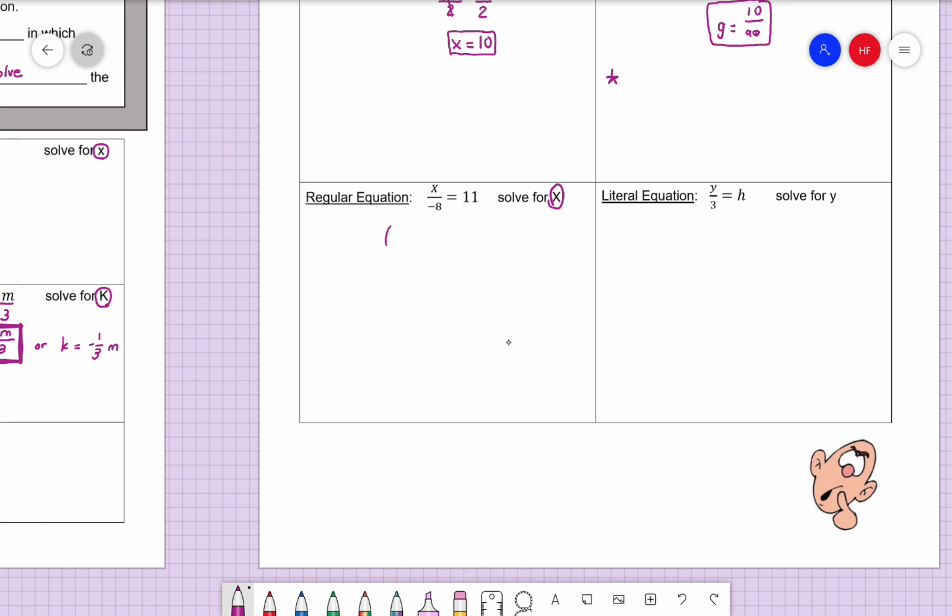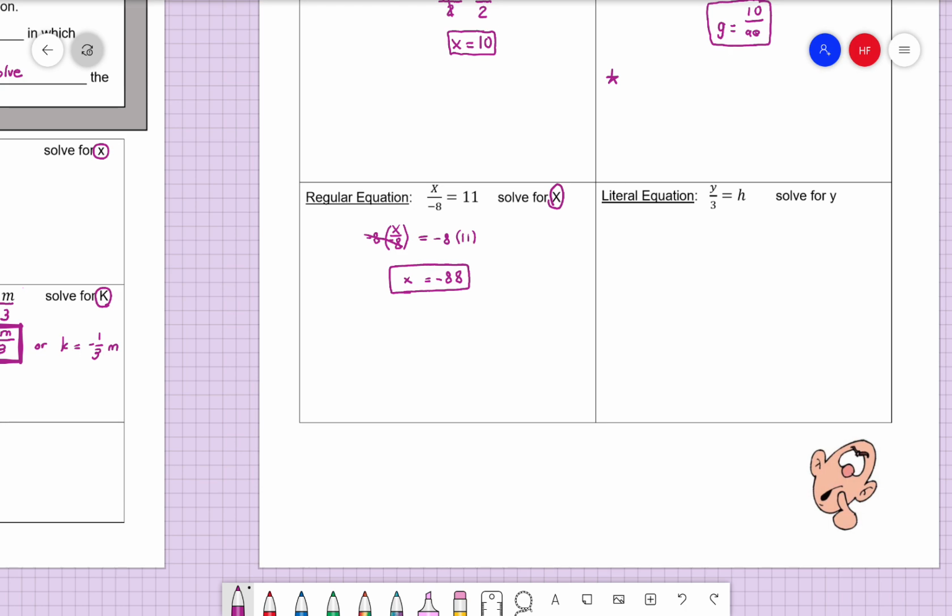So I'm going to take x over negative 8 and multiply by negative 8. Whatever I do on the left, I have to do on the right. So negative 8 times 11. That gets my denominator to be canceled out. So x equals negative 8 times 11 is negative 88. Once x is completely by itself, that is my final answer.